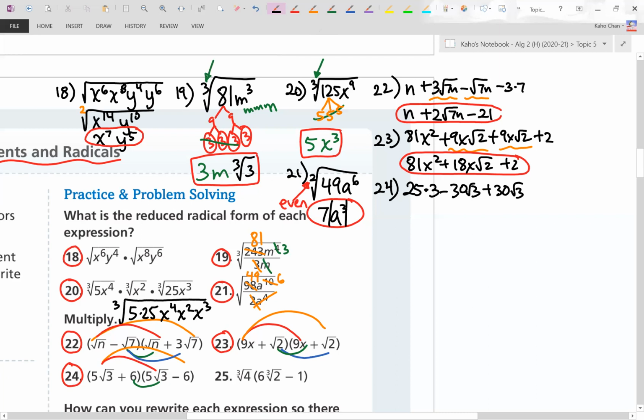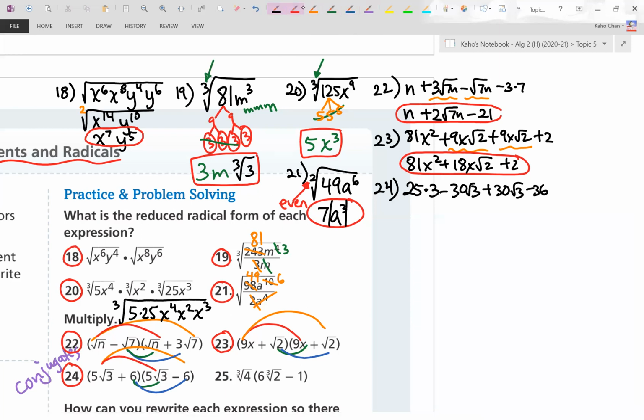In fact, I'm recognizing that this number 24 are conjugates. Right? With a plus and a minus of the same binomial there. When you FOIL conjugates, the O and the I will disappear like you can see right there. Last terms, 6 times negative 6 is negative 36.